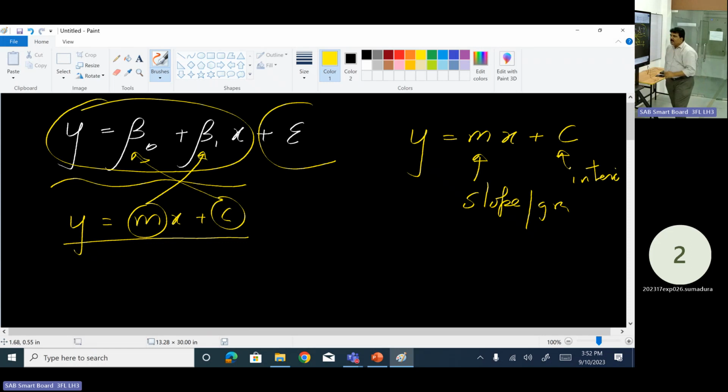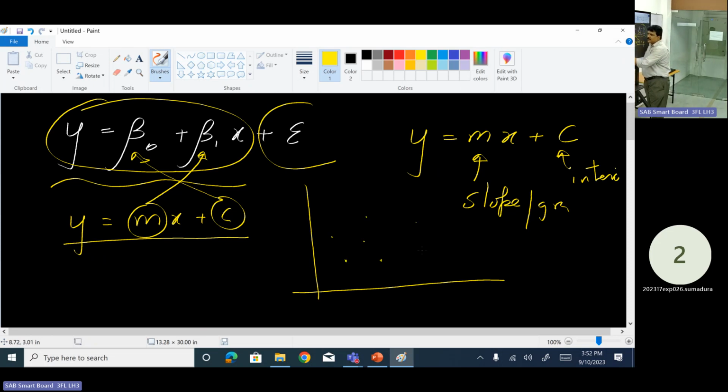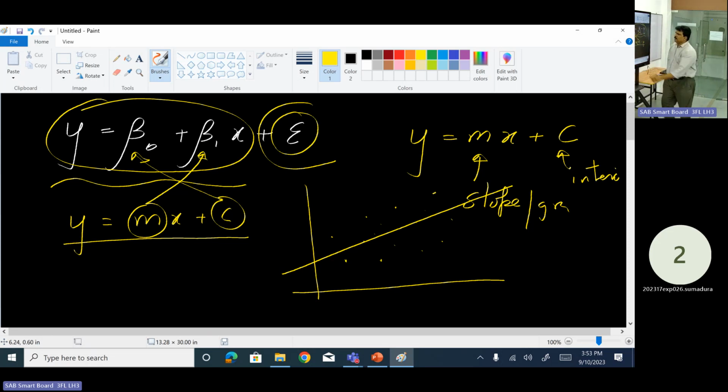We will be given a data set. The data points will be something like this. For this data set, we try to identify a straight line, a line which evenly distributes these points. Then we come to this error term epsilon.